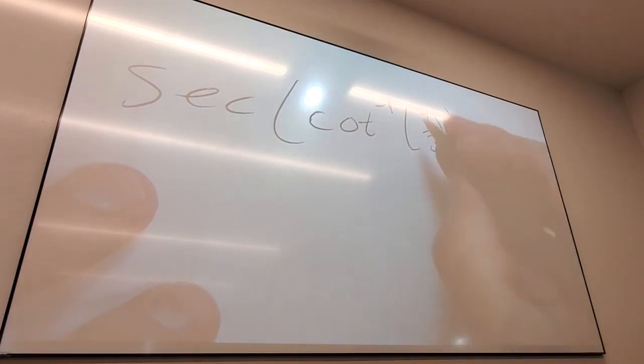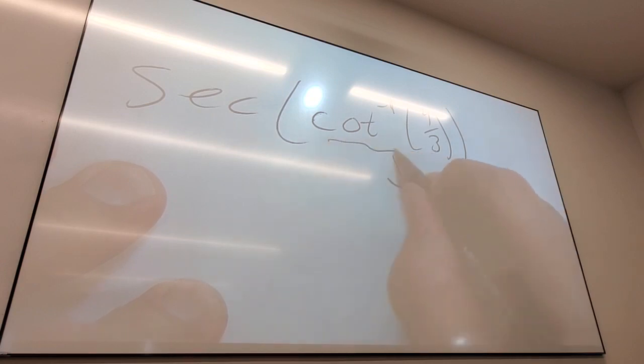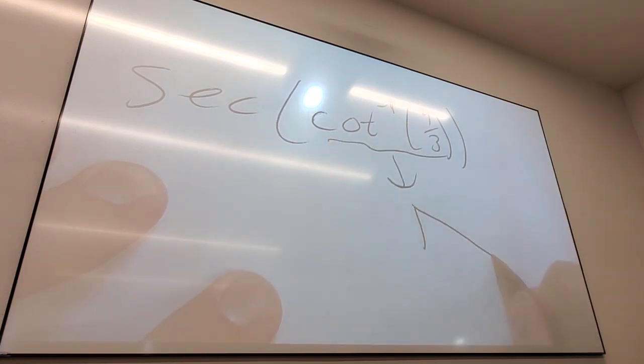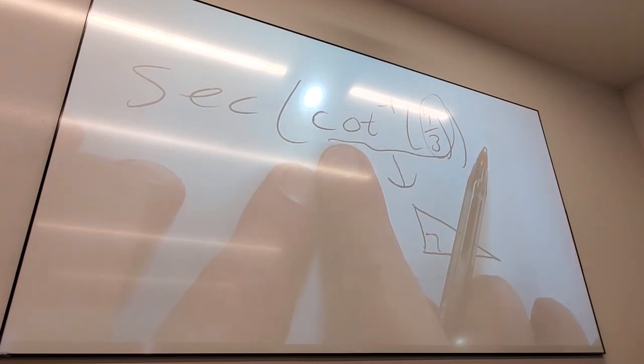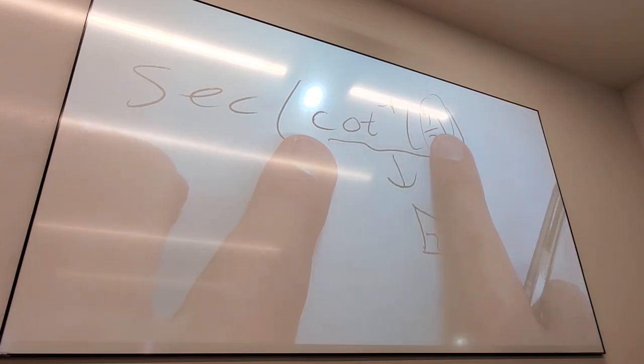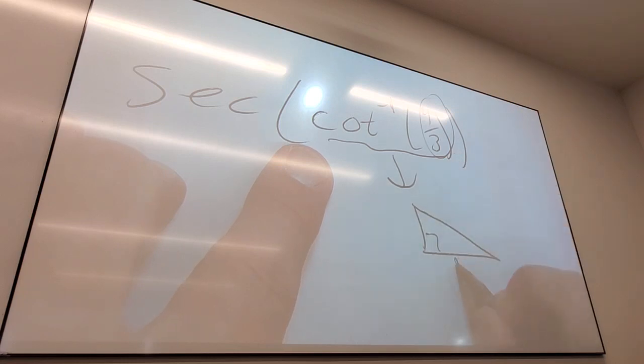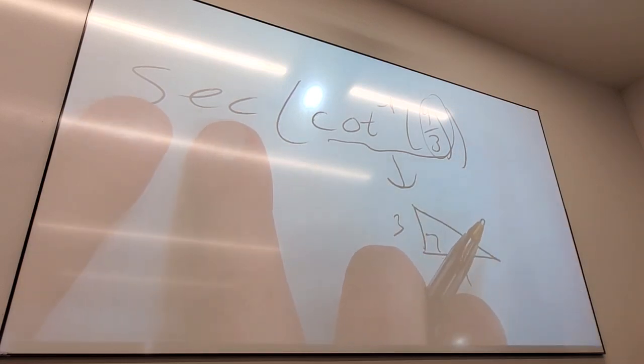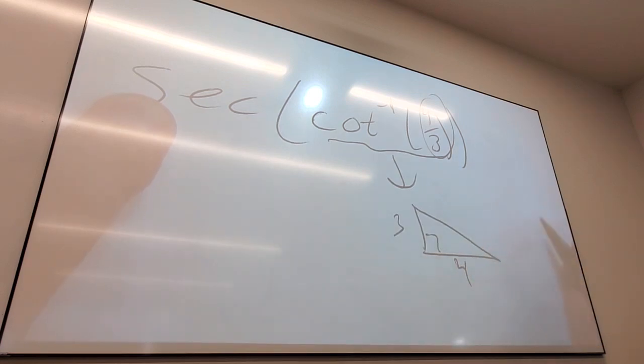Because what can I do? From this I can draw a triangle. From this I can figure out what the sides are because I know it's all about cotangent. So which side's 4? Good, x. And then to figure out secant, what side do I need?